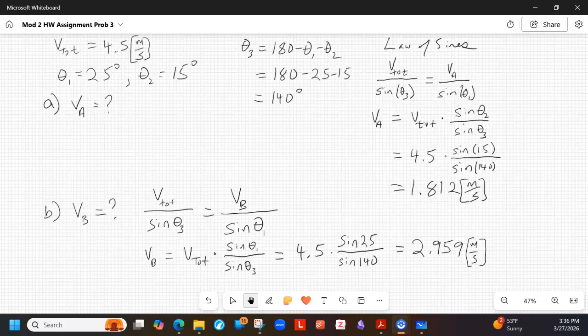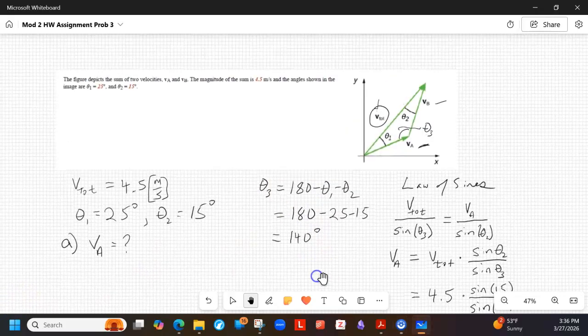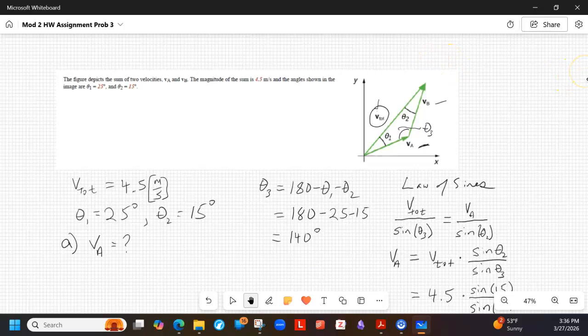So we see that my logic was, all right, I'm dealing with a triangle up here that is not a right triangle. So I don't have some of the obvious trig equations to deal with. So I asked myself, well, what do I have?